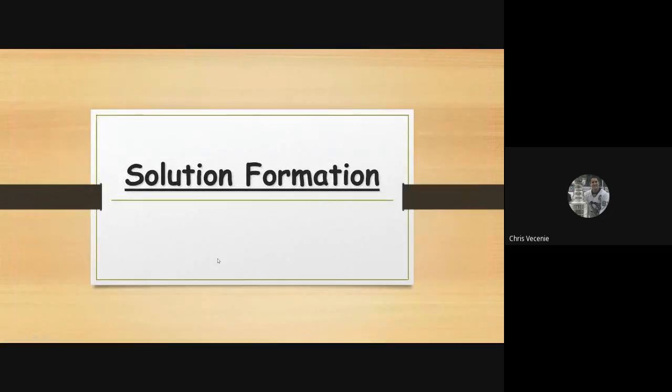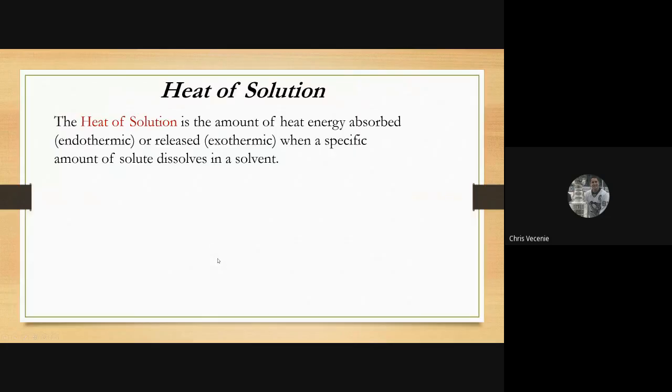If we're looking at solution formation, you have to understand that we can have two types of processes whenever a substance is dissolving. It can either be endothermic or exothermic. Endothermic processes require heat to dissolve.